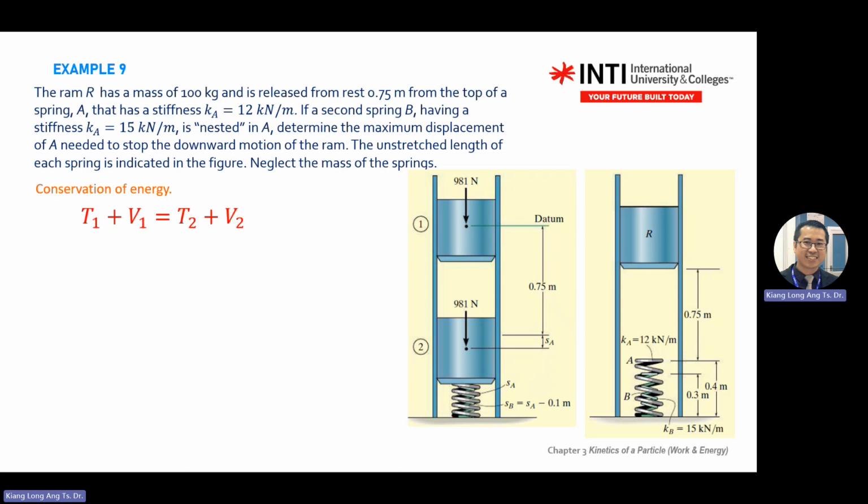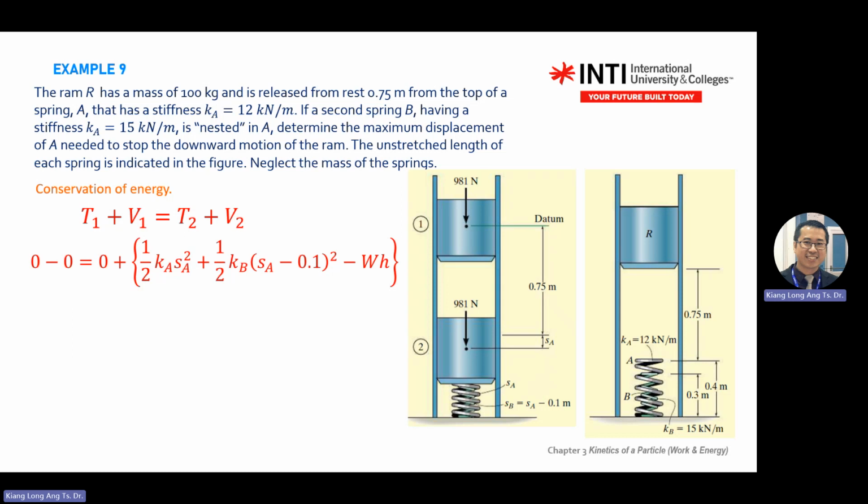Spring is half kx squared. So you put in the equation. Before, nothing happened, so 0, 0. Before, kinetic, no velocity. From datum at the top, mgh, h is 0. Spring unstretched, so 0.